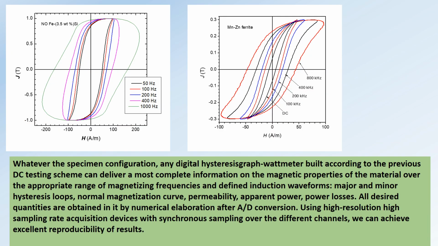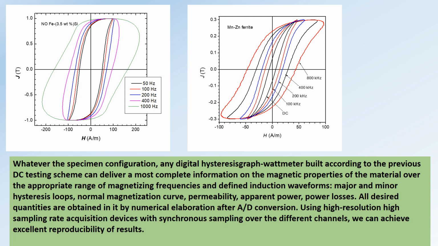Whatever the specimen configuration, any digital hysteresis graph wattmeter built according to the previous DC test scheme can deliver most complete information on the magnetic properties of the material over the appropriate range of magnetizing frequencies and define induction waveform, major and minor hysteresis loops, normal magnetization curve, permeability, apparent power, power losses.